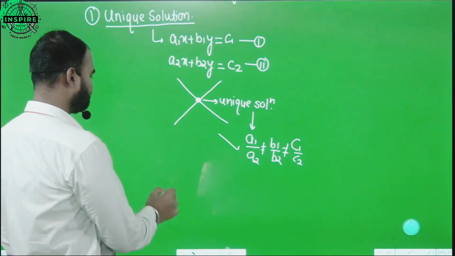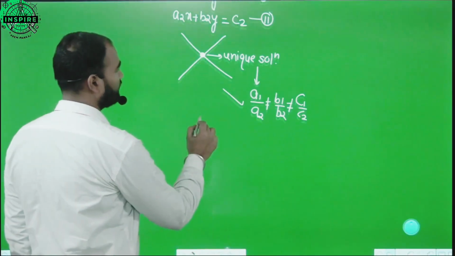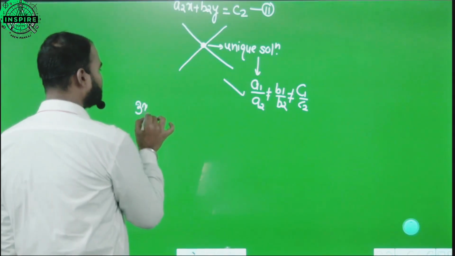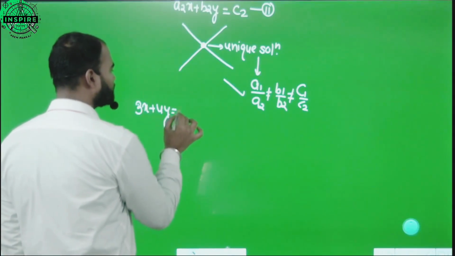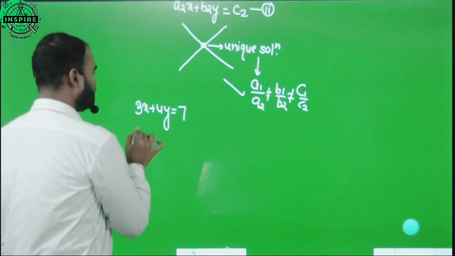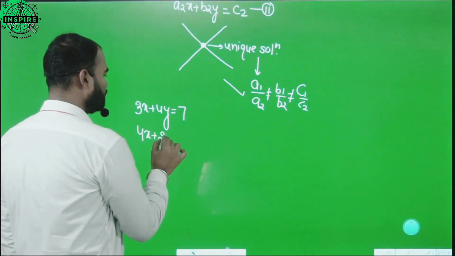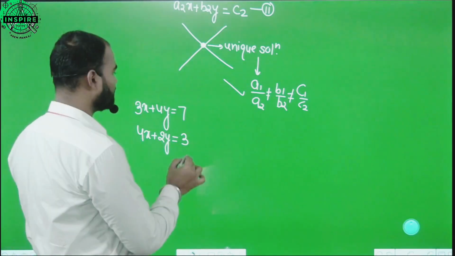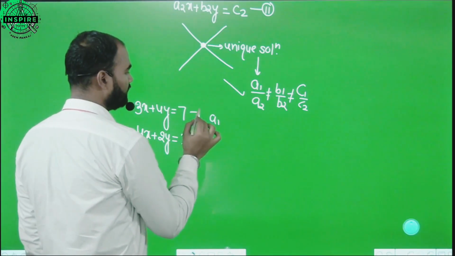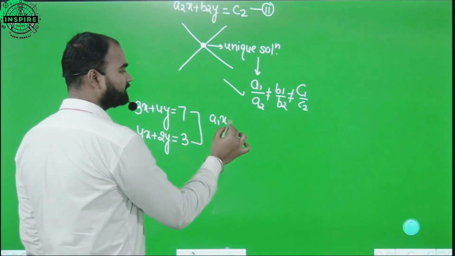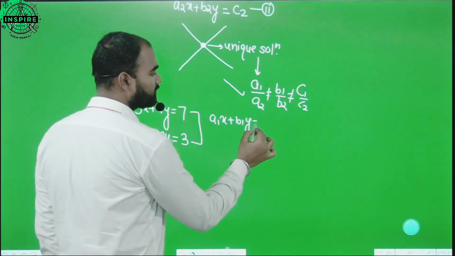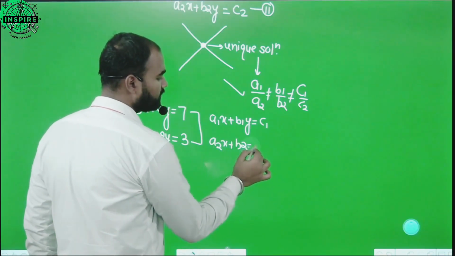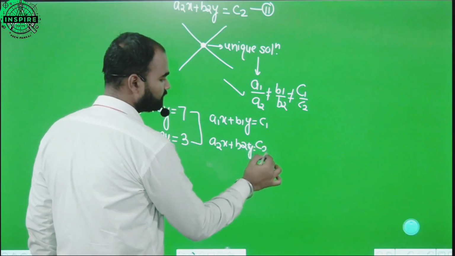Look at the example. If we discuss 3x plus 4y equals 7 and 4x plus 2y equals 3. These are two linear equations. Here we compare these equations with a1x plus b1y equals c1 and a2x plus b2y equals c2.